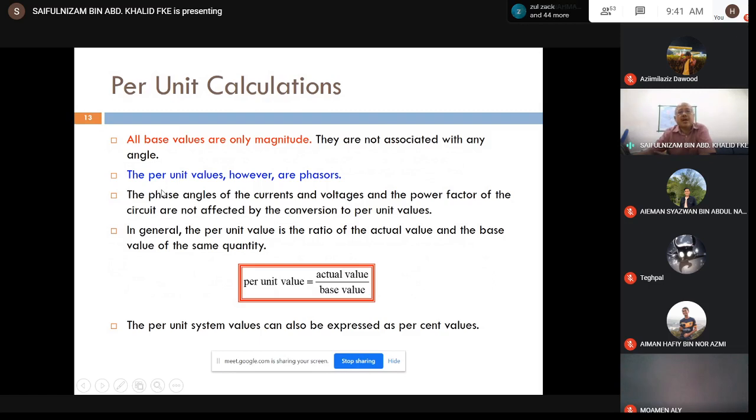However, the per unit values are phasors, in phasor form. So you have to consider the magnitude and the angle, unless the angle is zero. The phase angle of the current and voltage and the power factor of the circuit are not affected by the conversion to the per unit values.